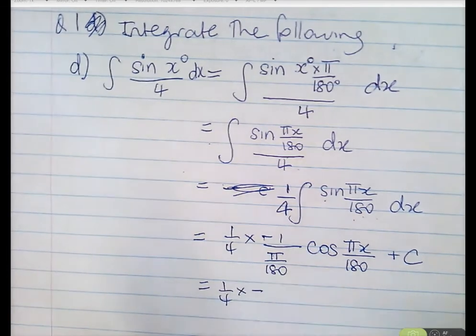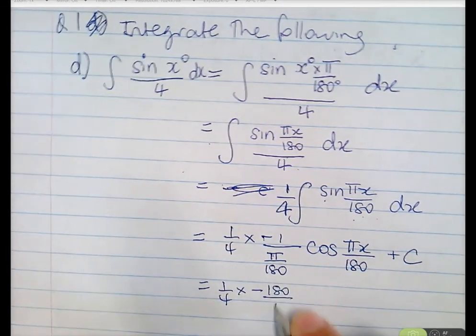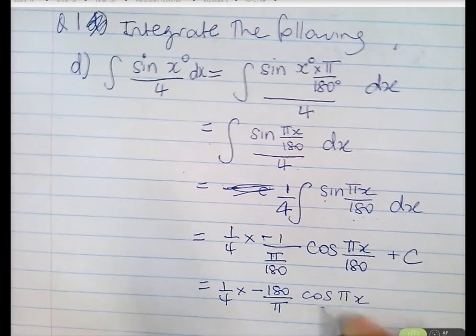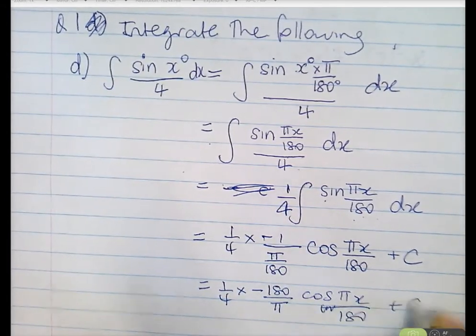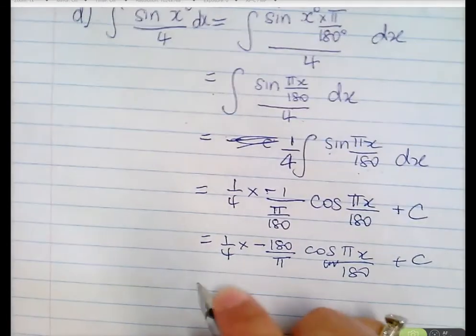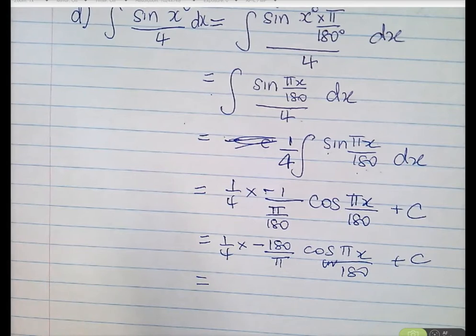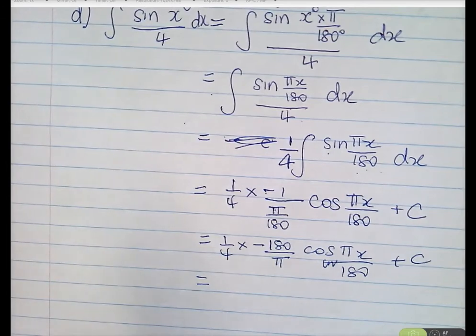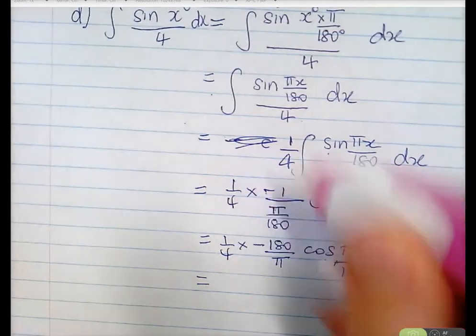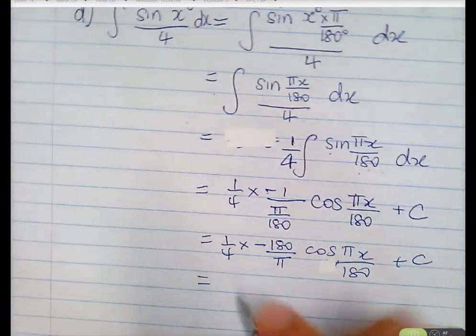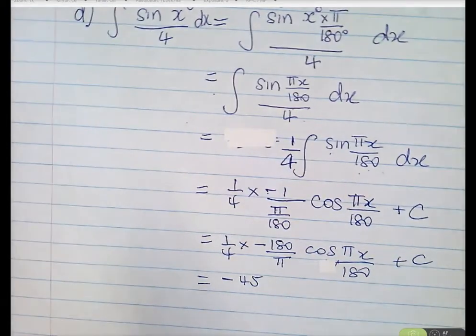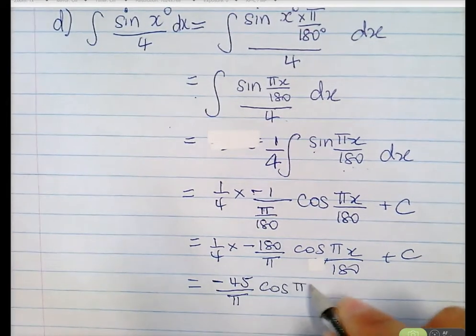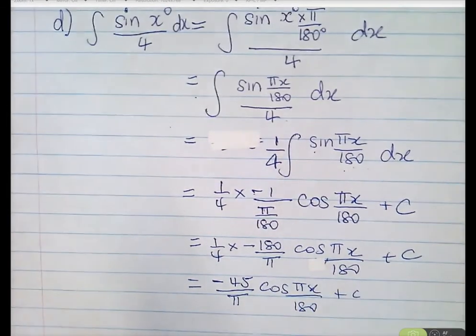A quarter times negative 180 on pi, cos pi x on 180. Sorry, I chose the worst one. Negative 45, because 180 divided by 4 is 45. So negative 45 on pi, cos of pi x on 180 plus c.